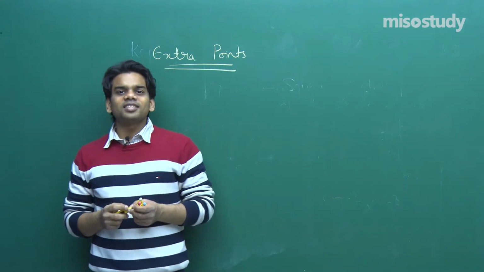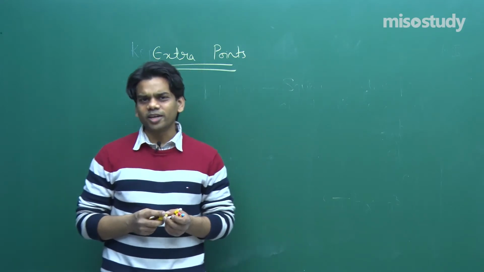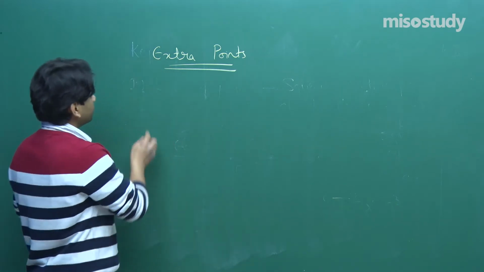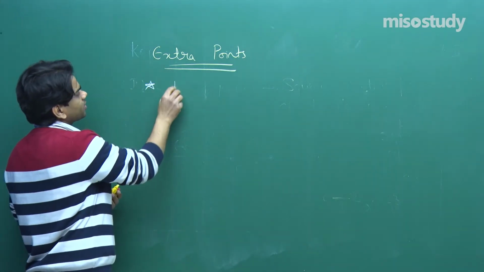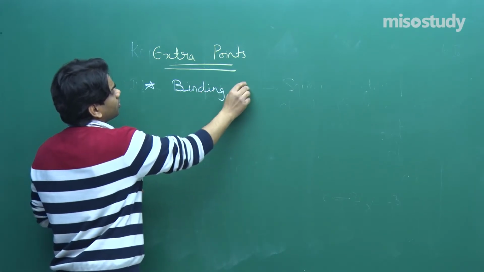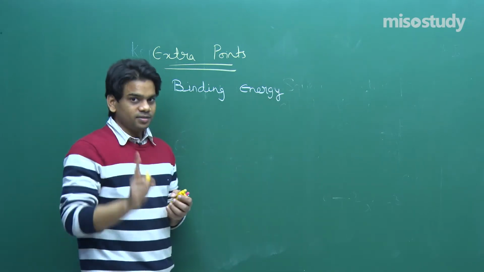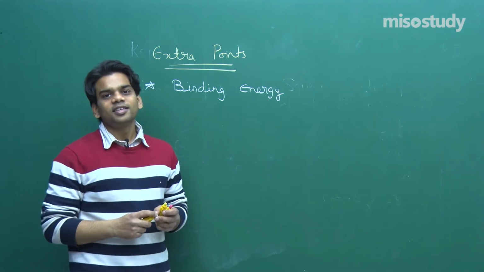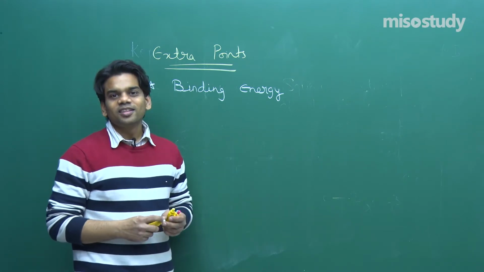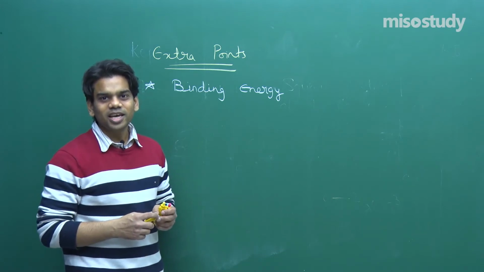We have discussed potential energy. What is potential energy? How can you think of potential energy in a different way? I am going to tell you the first extra point, that is binding energy. Now what is binding energy? We know that for two objects separated by a distance, the potential energy of the system is given as minus G m m by r.